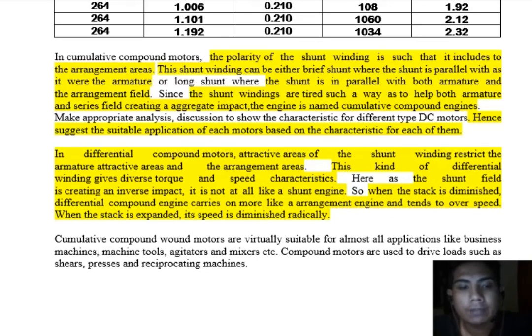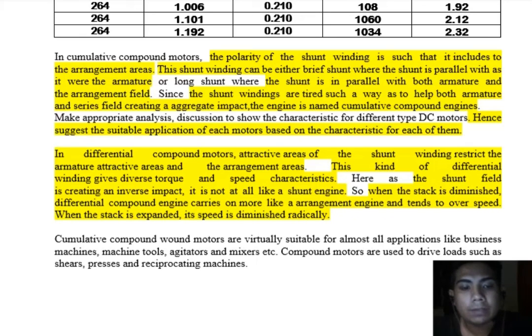The shunt field is creating an inverse impact. It is not at all like a shunt engine. When the load is diminished, the differential compound engine acts more like a series engine and tends to overspeed. When the load is increased, the speed is diminished radically.